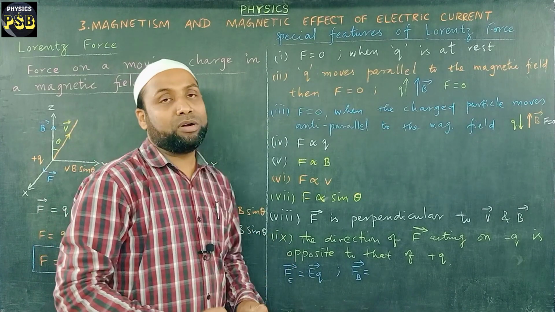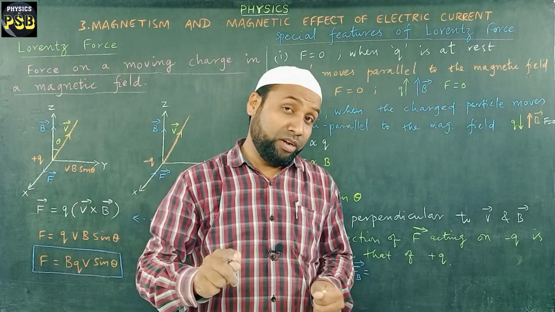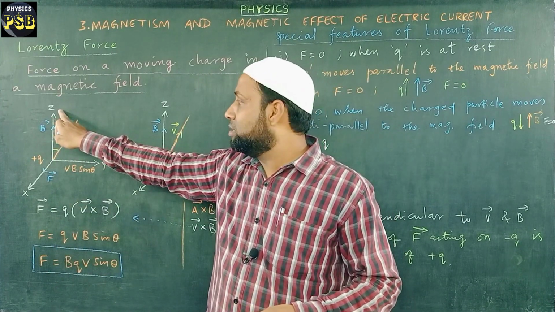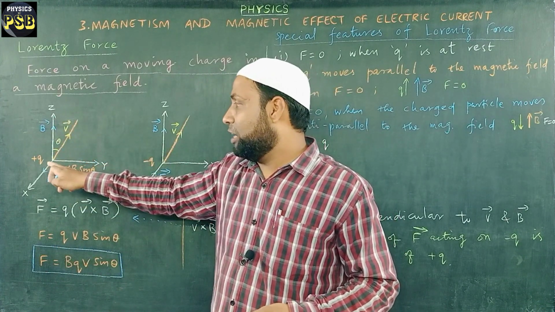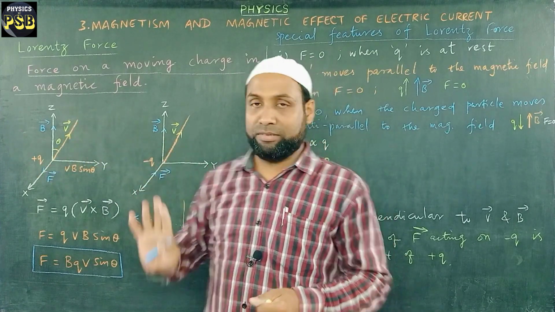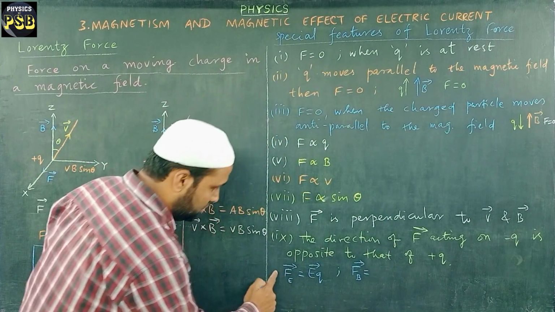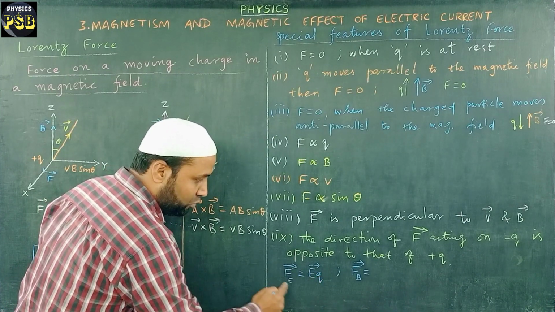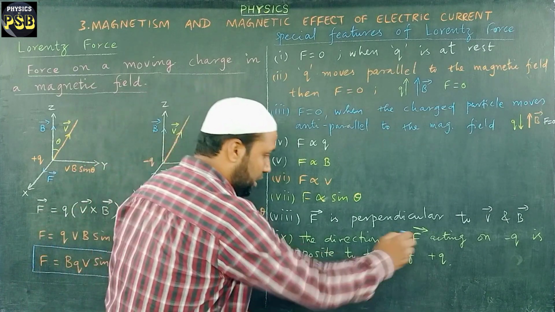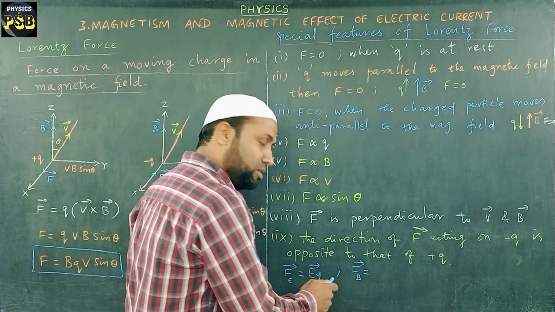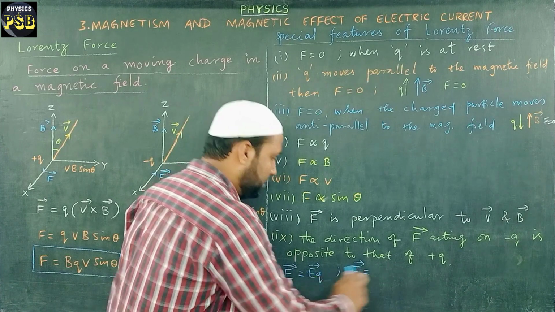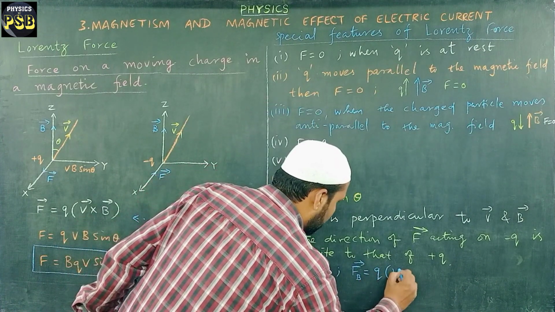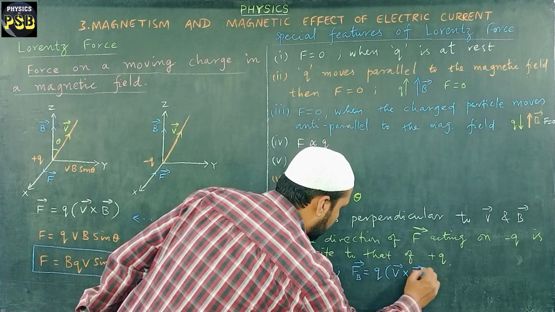Here I am discussing the case in which both the electric field and the magnetic field are present, in which a charged particle moves with velocity v. Then the force experienced by the same charged particle is given by Q times V vector cross B vector.